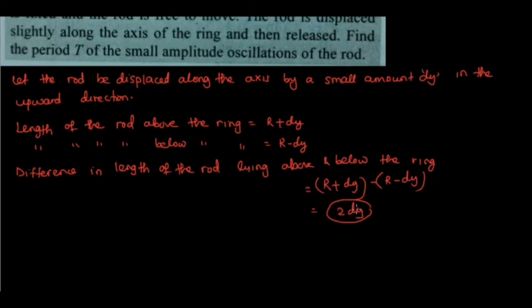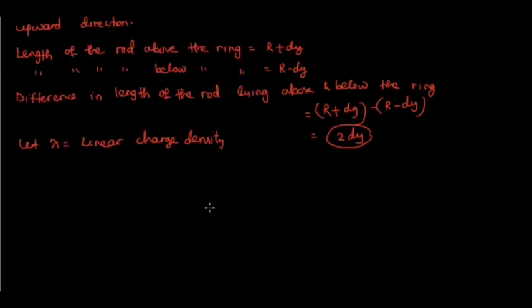Since the charge is uniformly distributed over the entire rod, let us assume that lambda is the linear charge density. Now tell me, what will be the amount of charge present on this length? You have to multiply this length with lambda.